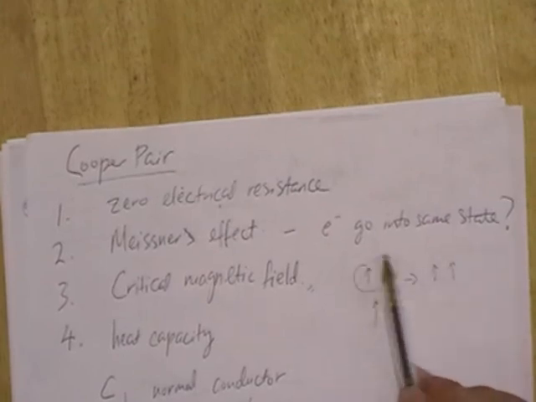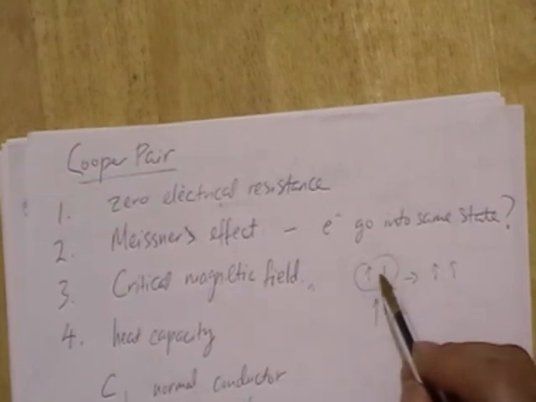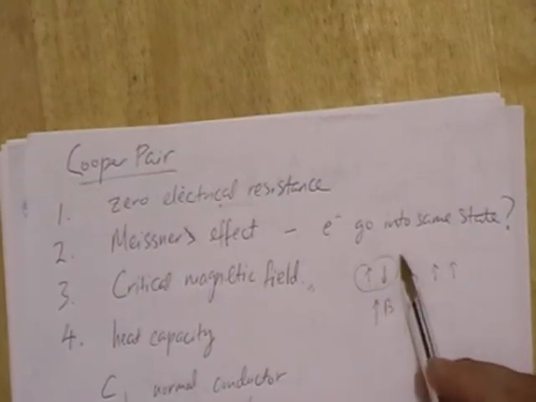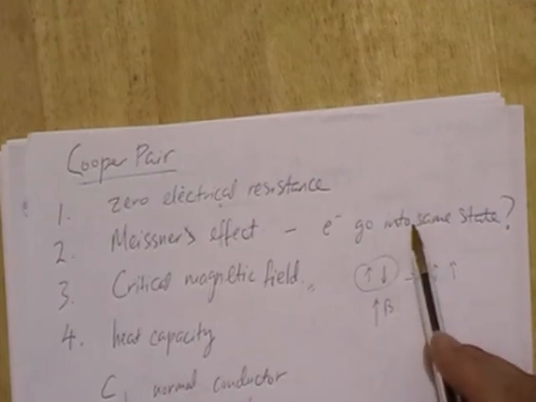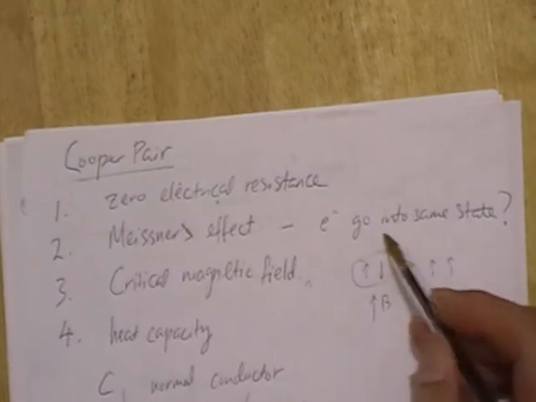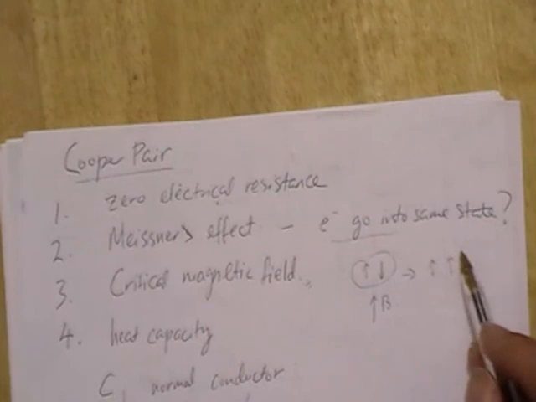Now once they form a Cooper pair, it has zero spin because it's spin up and spin down. So it becomes like a particle of zero spin, and that is a boson. And we know that any number of bosons can go into a ground state. So therefore now we can understand why all the electrons can go into the same ground state.